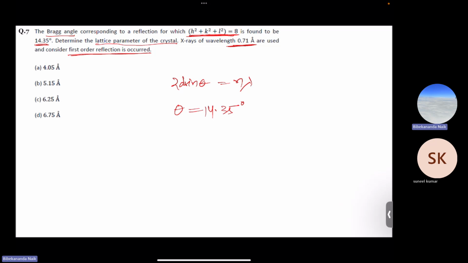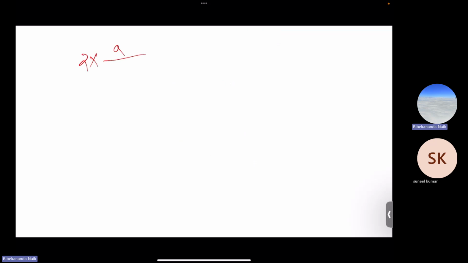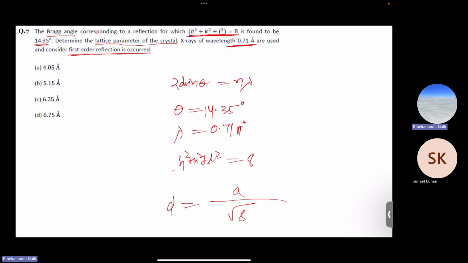So theta is equal to 14.35 and the wavelength of X-ray radiation used is 0.71 Armstrong. The value of h square plus k square plus l square is 8. So d is a divided by the square root of h square plus k square plus l square, so d equals a by root 8. Putting the values in the formula, 2 into a by root 8 sin 14.35 degrees equals n lambda. n is 1 and lambda is 0.71 Armstrong.